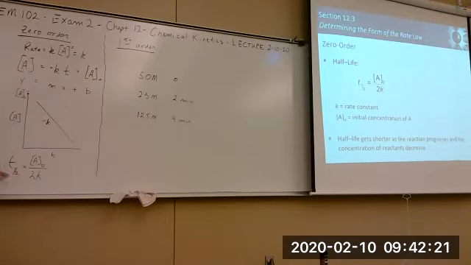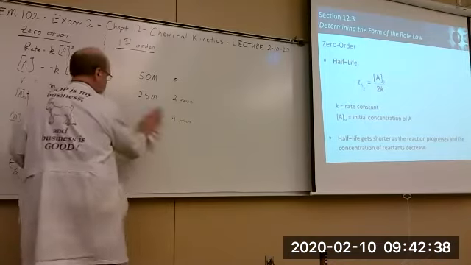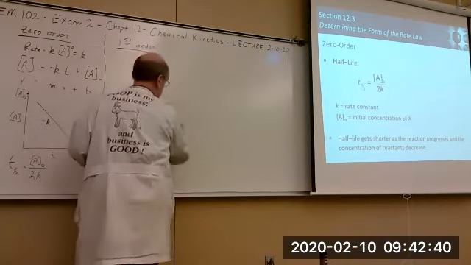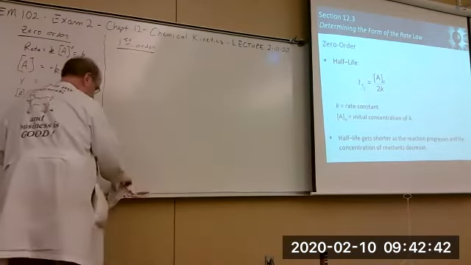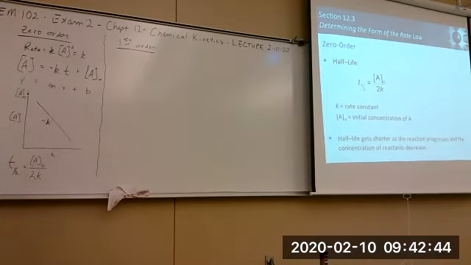So with 2 minutes here and the initial concentration, say 50, you can solve for K. So there's more than one way to get to K. Okay? And we'll have some problems that will illustrate that. I know I've got some in the review document that do just exactly that.